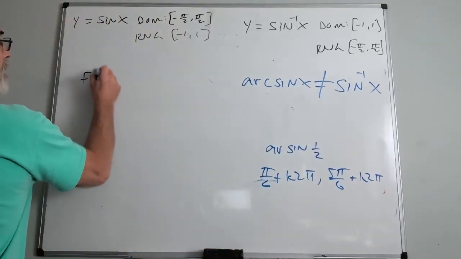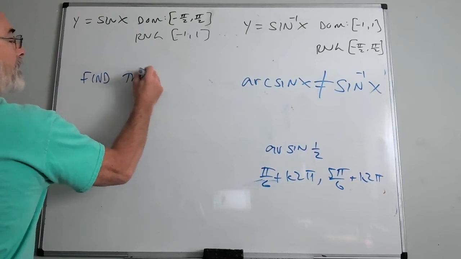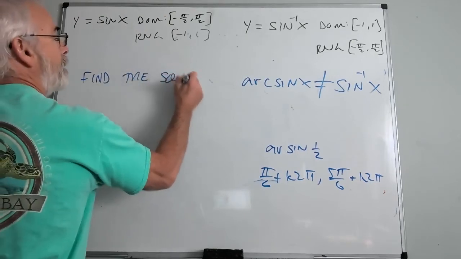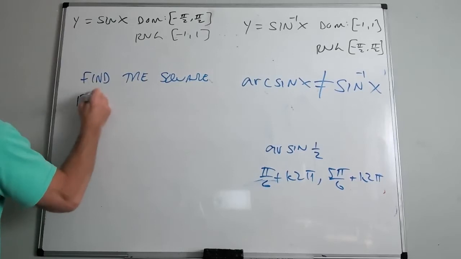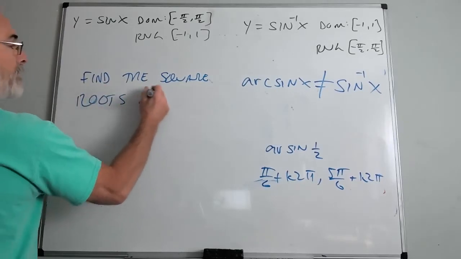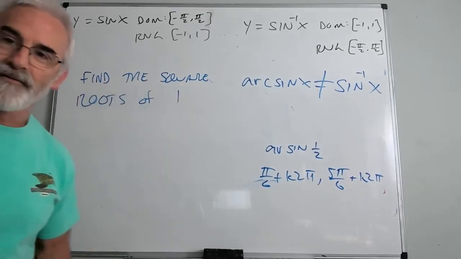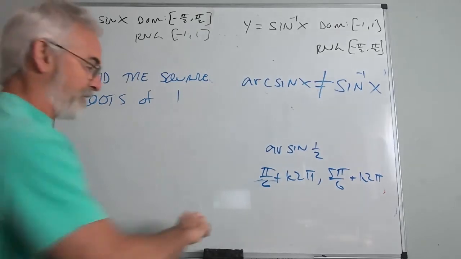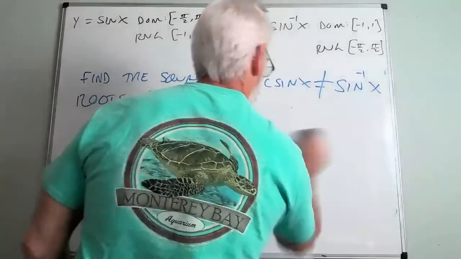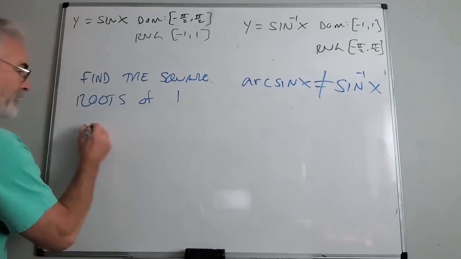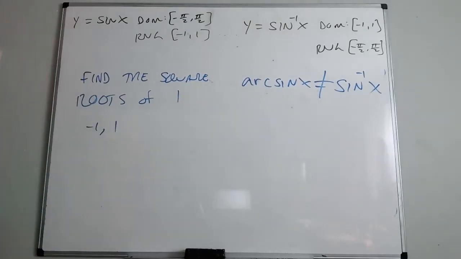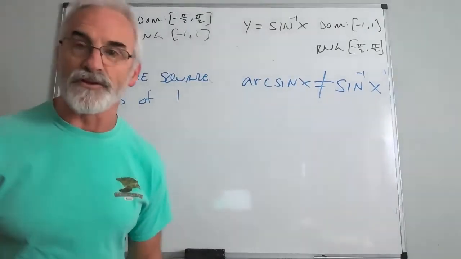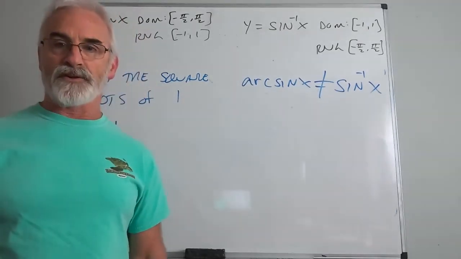So De Moivre's theorem would be something like this. If I said, find the square roots, plural, of 1, you answered -1 or 1. If I said find the single square root of 1, you answered 1.